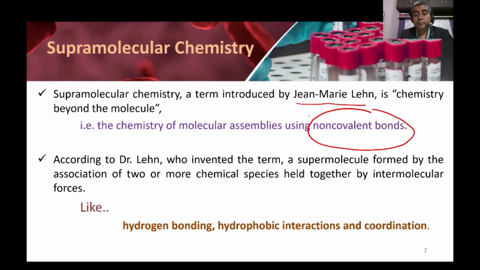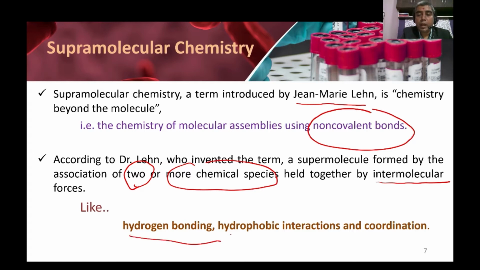According to Dr. Lehn, who invented the term, a supramolecule is formed by association of two or more chemical species held together by intermolecular forces, that is hydrogen bonding, hydrophobic interactions, and coordination.